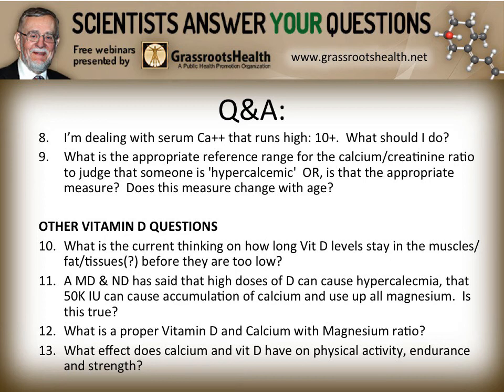Question 13, what effect does calcium and vitamin D have on physical activity, endurance, and strength? Well, basically both have a positive effect on all of them, but they're small. We've been concerned in recent years with athletes and doping.